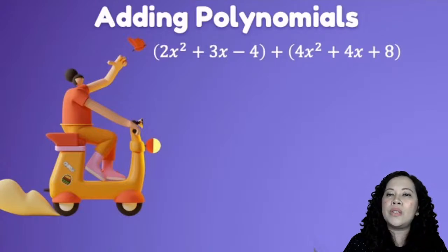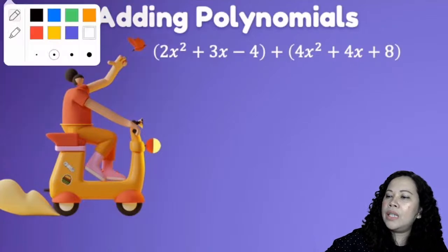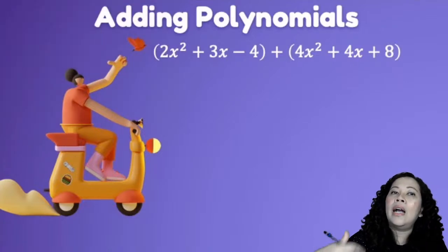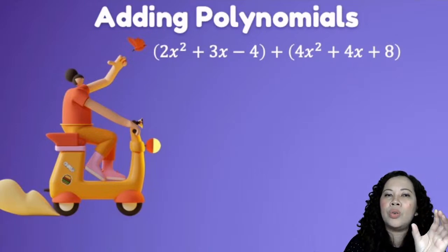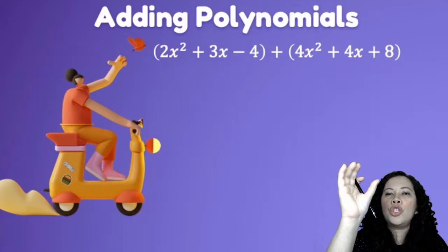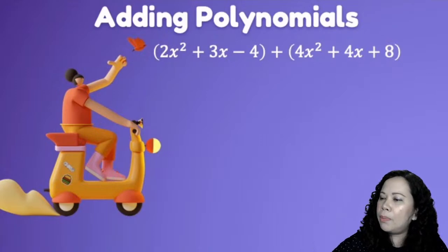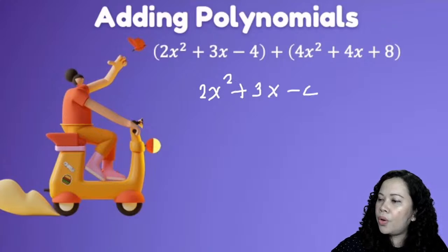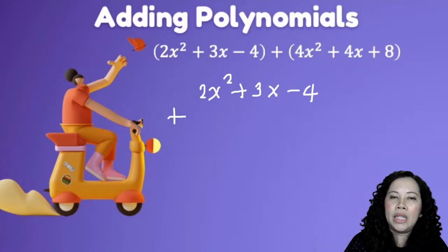It's either horizontal or vertical. So I will show you a vertical addition of polynomials. What you need to do is make sure that they are on the same column. The same or like terms should be on the same column. So I will copy 2x squared plus 3x minus 4 plus, okay, we are doing a vertical addition.